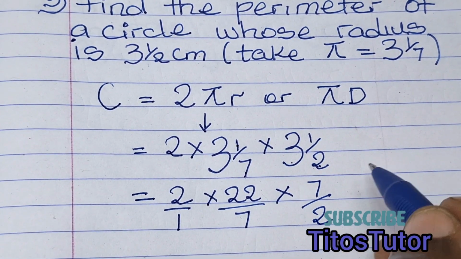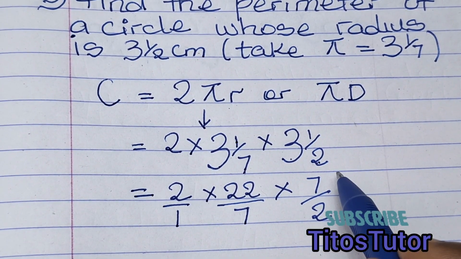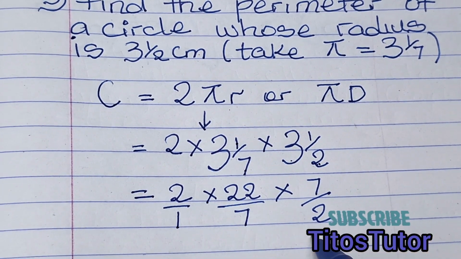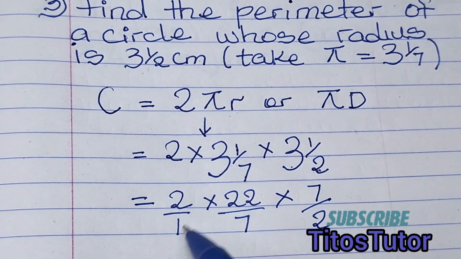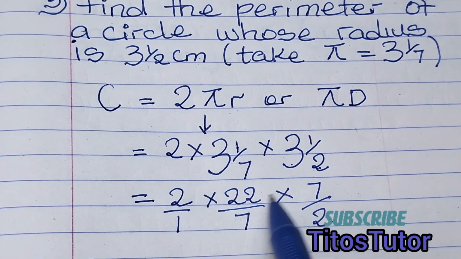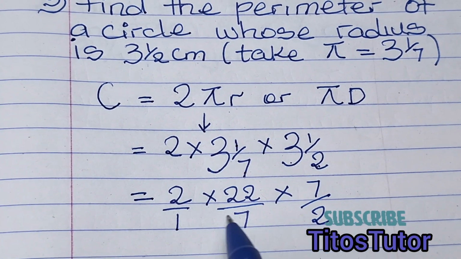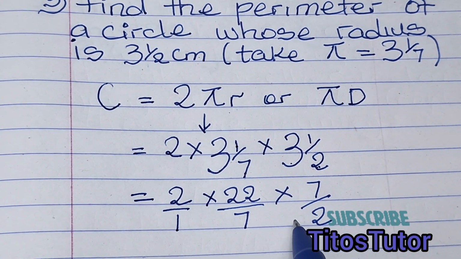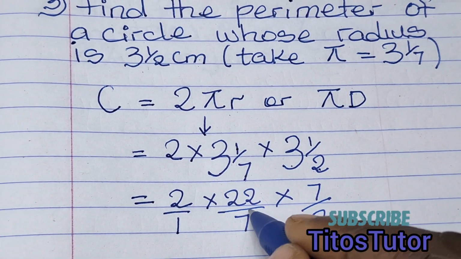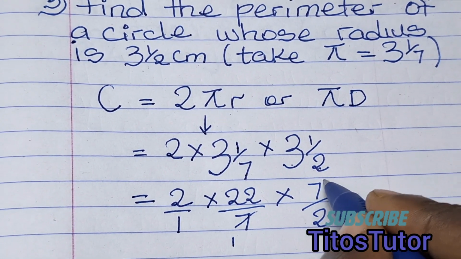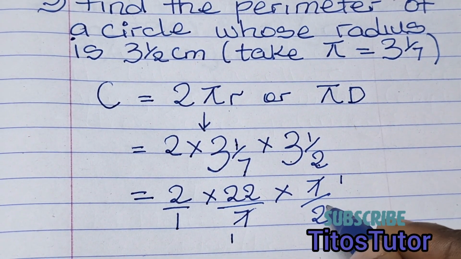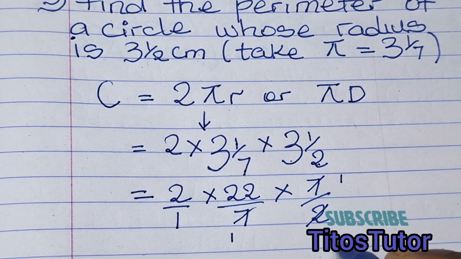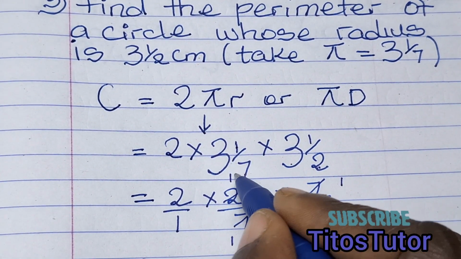7/2. Remember, you can divide diagonally or vertically, but you can only multiply horizontally in multiplication of fractions. So let's divide diagonally. 7 here, 1, 7 here, 1 as well. 2 here, 1, 2 here, 11.